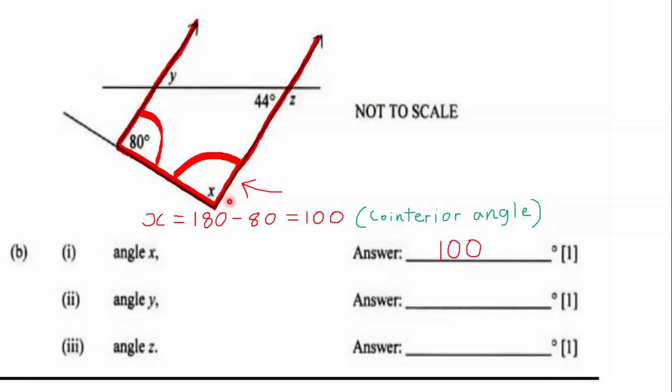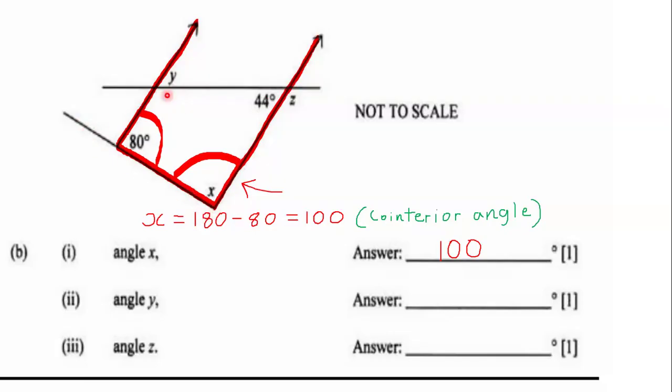How do we know it's equal to 100? Because it's co-interior, a C shape. Why didn't we use the 44 like you suggested? Why is that not a good idea? Because it wasn't shaped like a C. More than that, the two lines are not what? They're not parallel lines.